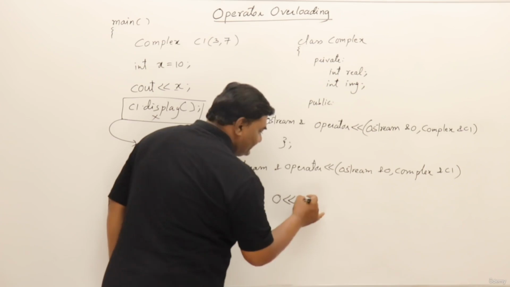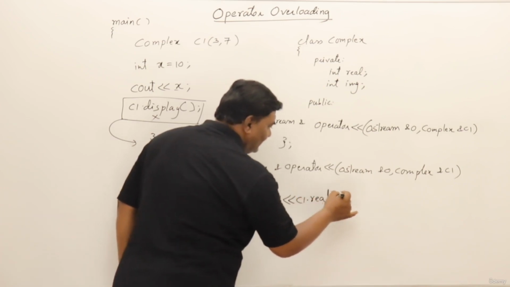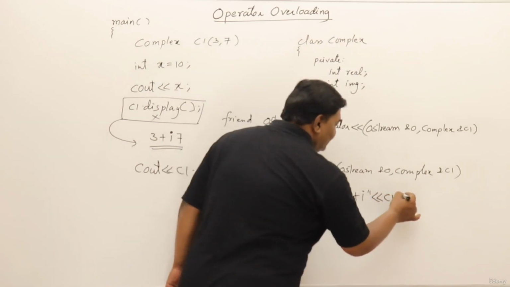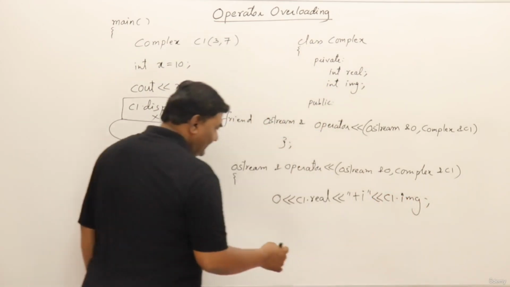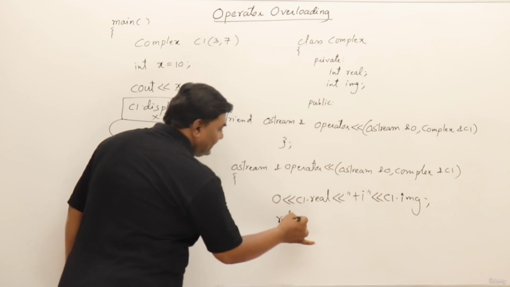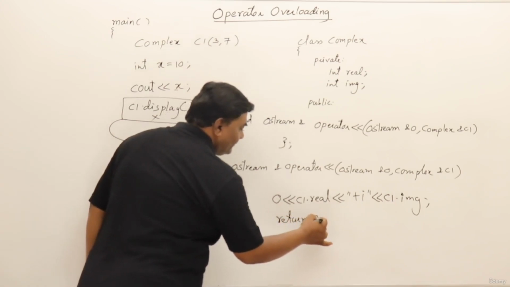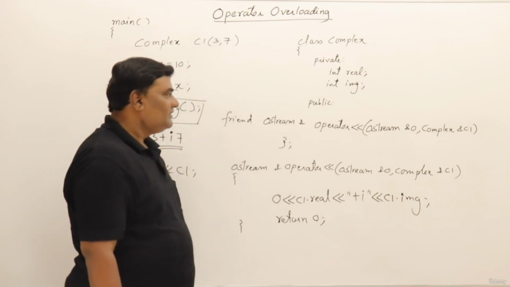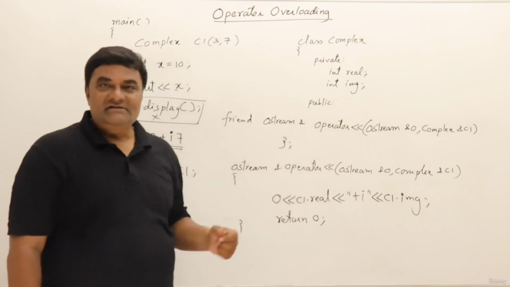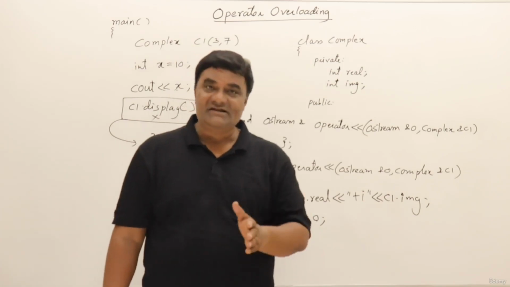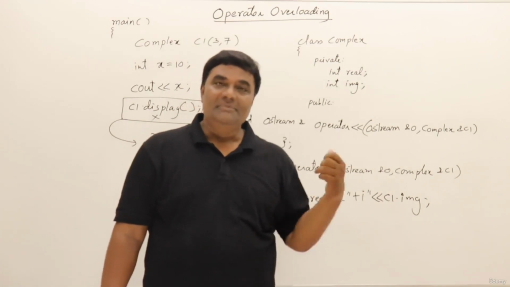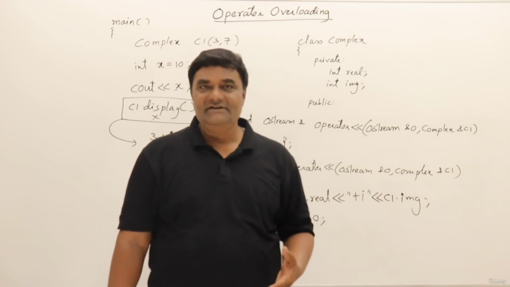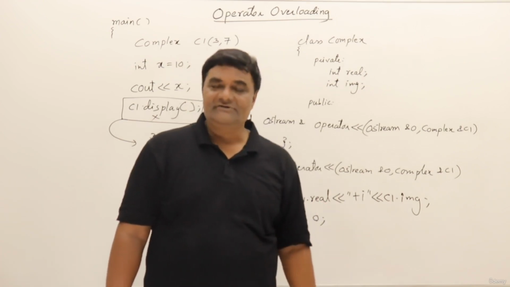I want to display c1.real, plus i, c1.imaginary, and finally return the output stream o. That's all. This is how we overload the insertion operator. Insertion as well as extraction operators can be overloaded by implementing friend functions. So let us look at this practically. I will show you the extraction operator also simultaneously.